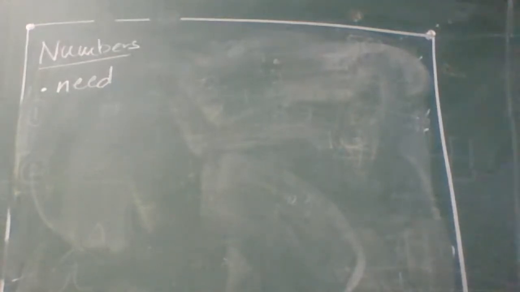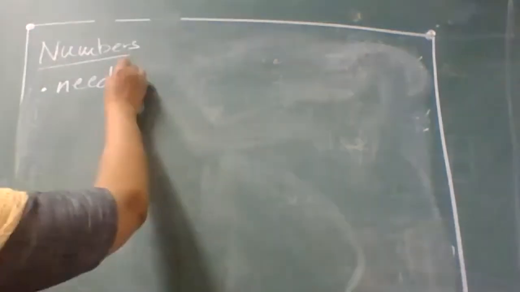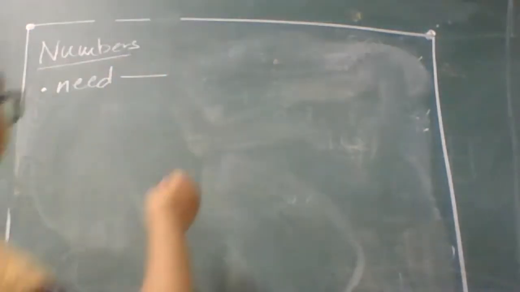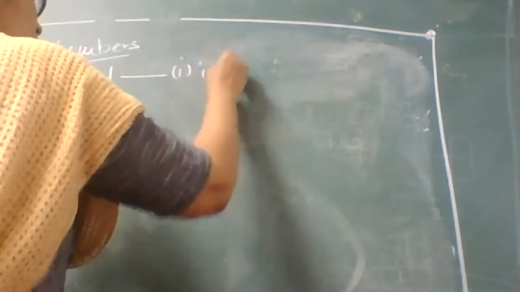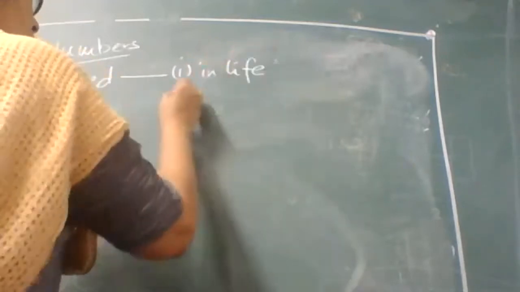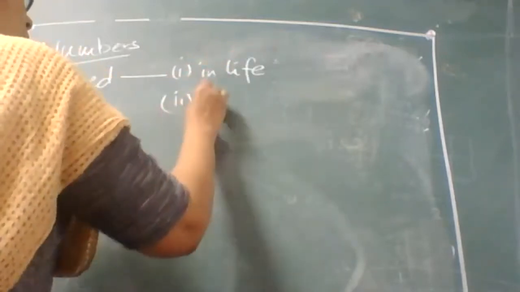It's a good idea to look into the needs, and as we mentioned, there are two kinds of needs. One is the need in life, and two, the mathematical need.